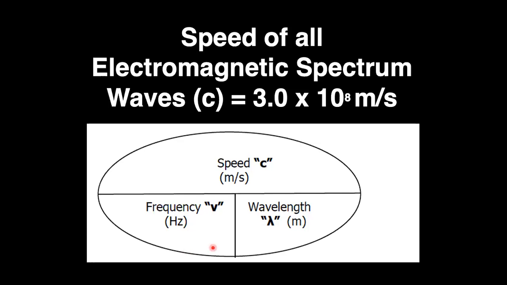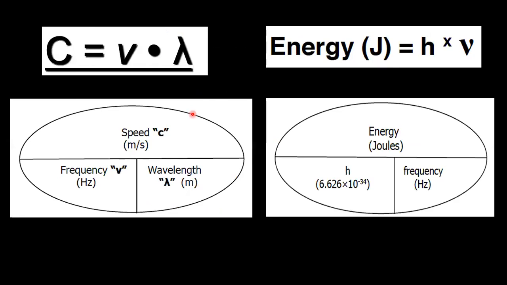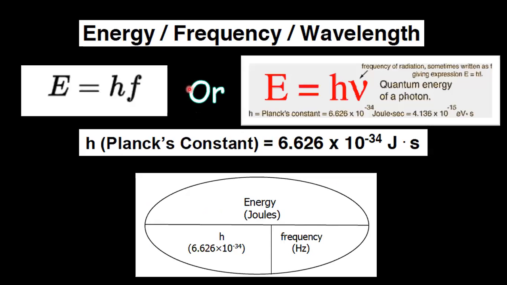Okay? Next, in order to get the energy, we make use of E is equal to H times F, or E is equal to H times V. V or F both mean frequency. This is the quantum energy of a photon, and H represents Planck's constant. I've presented this again to remind you that we will use this value completely, no need to round off to 2 decimal places yet.